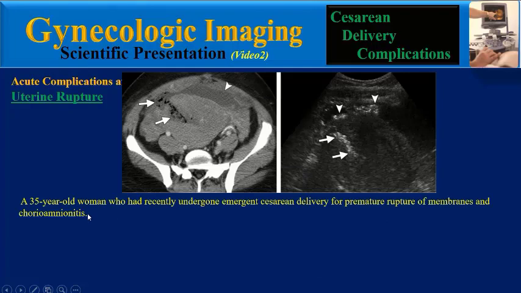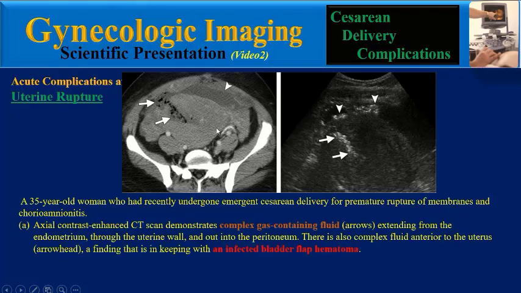Another example, a 35-year-old woman who had recently undergone emergent cesarean delivery for premature rupture of membranes and chorioamnionitis. Axial CT image demonstrates complex gas-containing fluid extending from the endometrium through the uterine wall and out into the peritoneum. There is also complex fluid anterior to the uterus, a finding that is in keeping with an infected bladder flap hematoma.